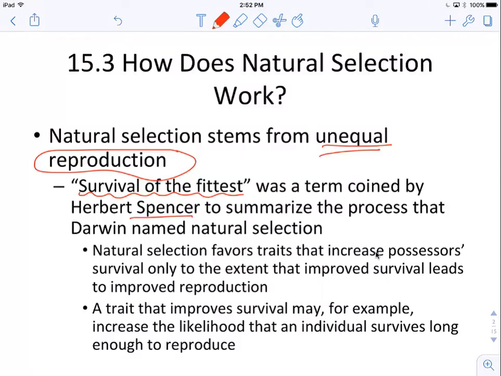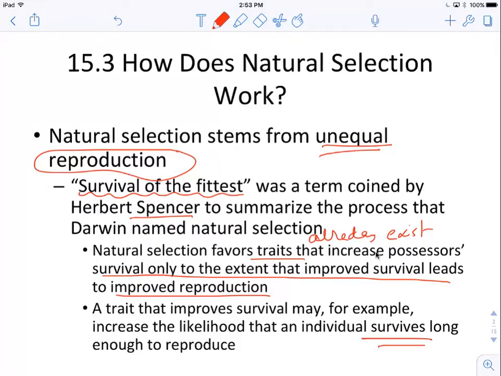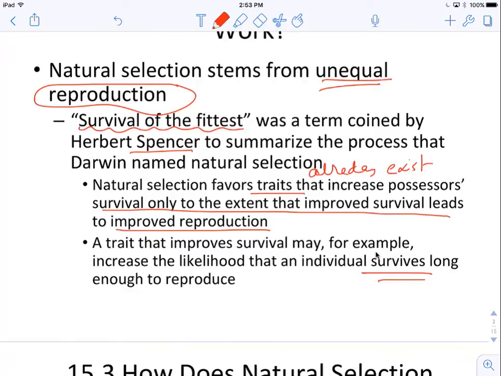So natural selection favors traits, again, that already exist, that increase survival so that it leads to improved reproduction and getting those genes in the next generation. And again, it may be just that you survive long enough to be old enough to reproduce, reach sexual maturity.